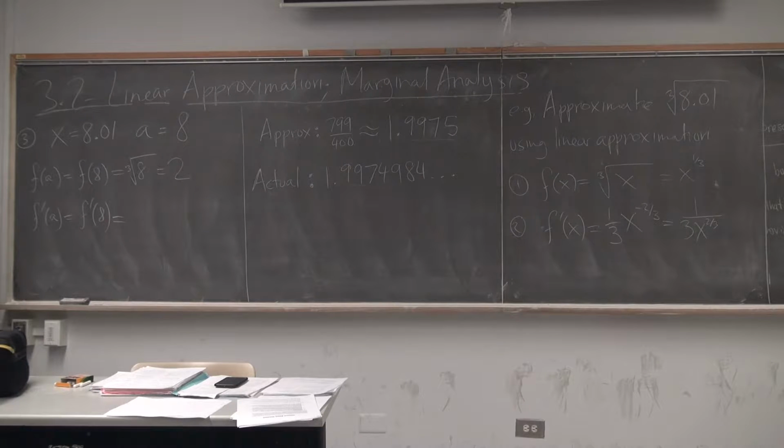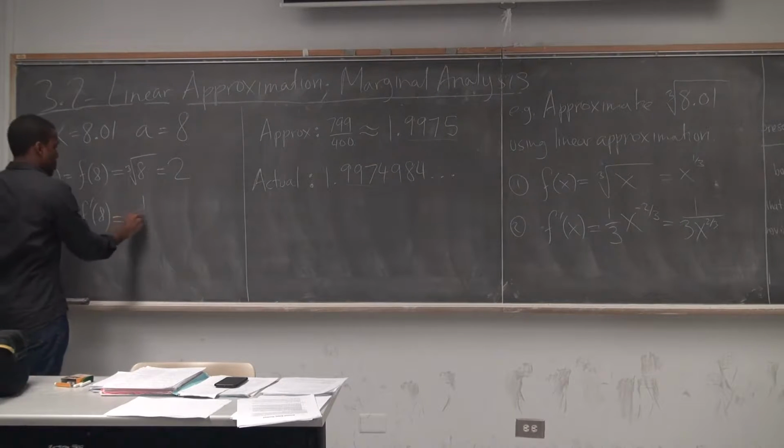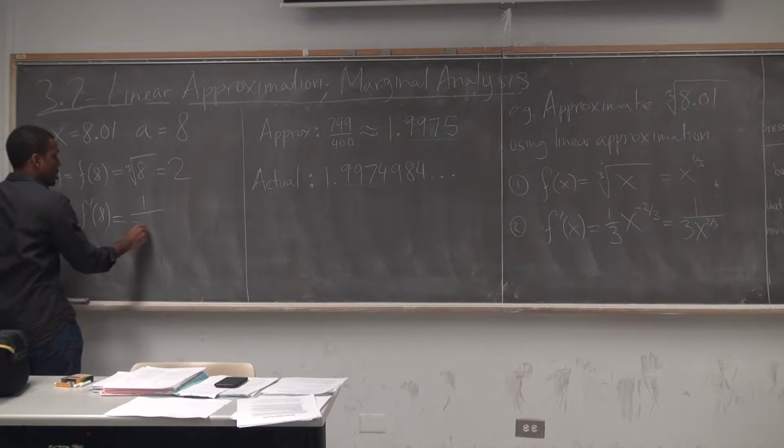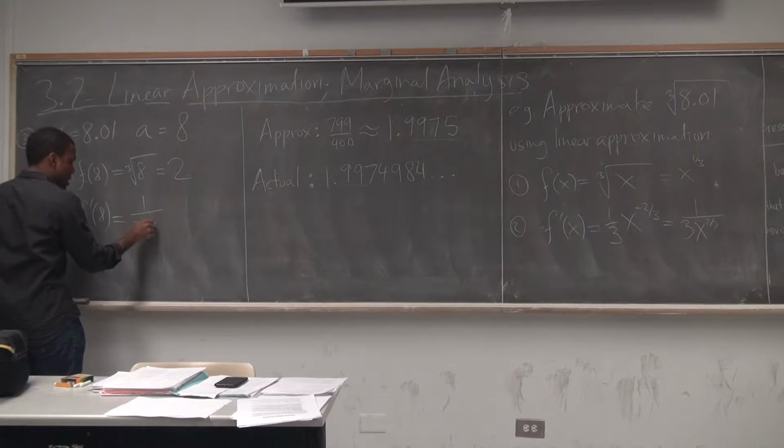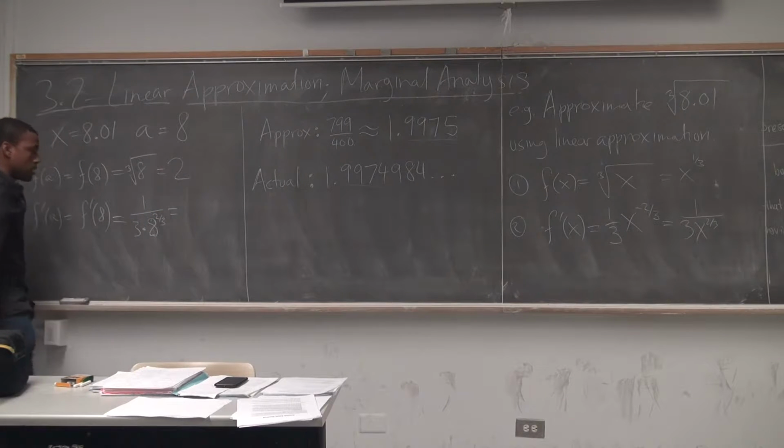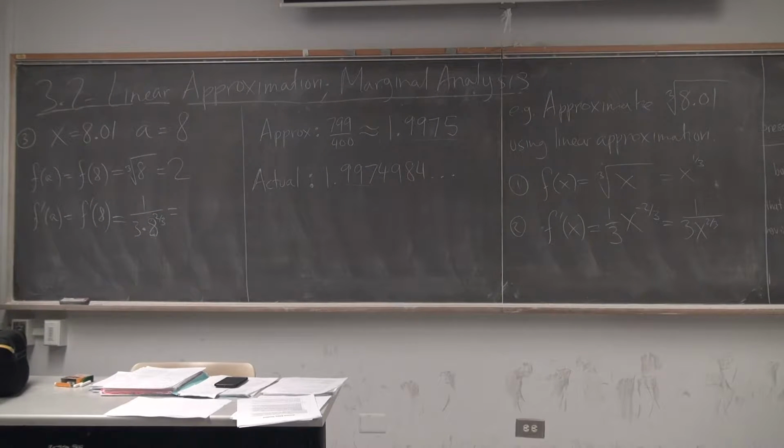F prime of 8 would be 1 over 3 times 8 to the 2/3. What's that? What's 8 to the 2/3 power? 4. It's 4.